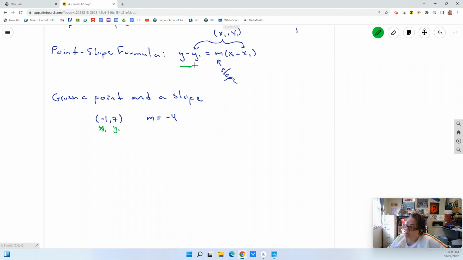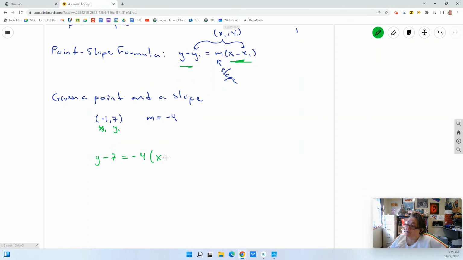Well, I have this formula here to do that. So I have a point slope formula. So I'm going to go y minus y1. Well, y1 is just 7 equals m. Well, we're given our m, right? That would be negative 4 times x minus x1, right?